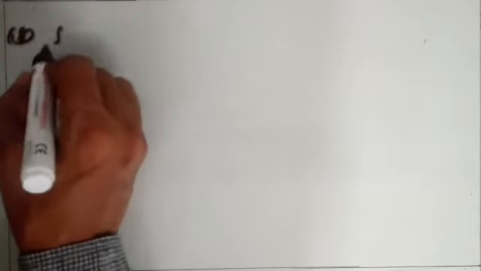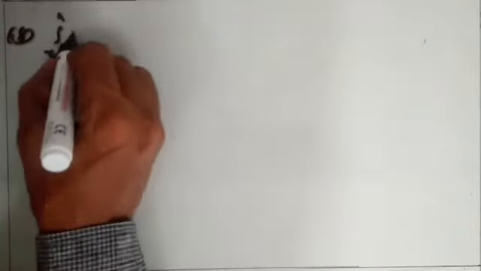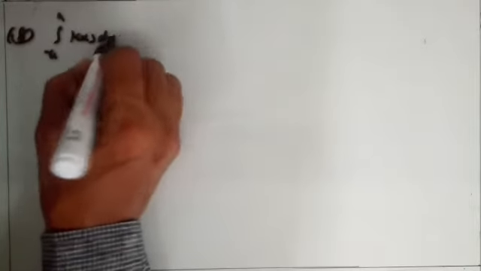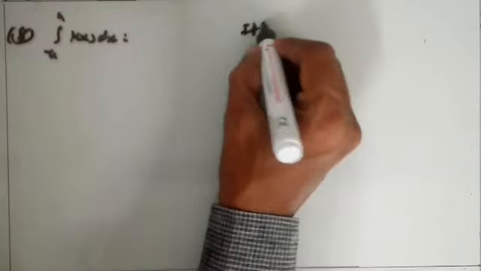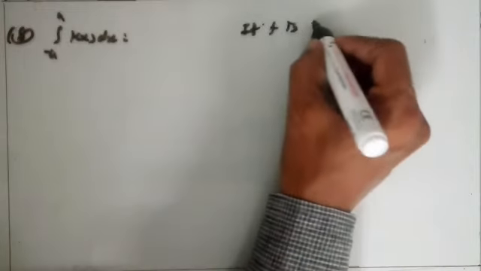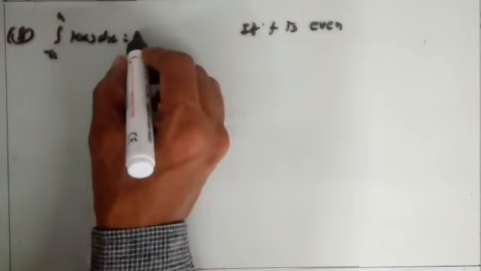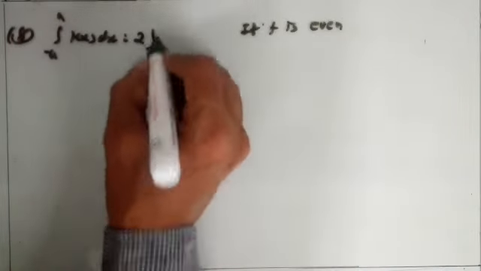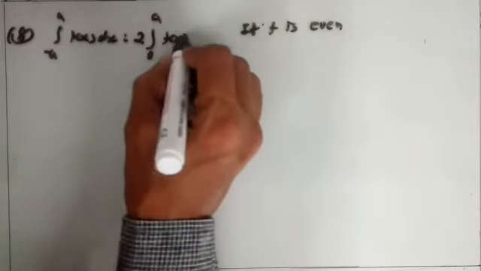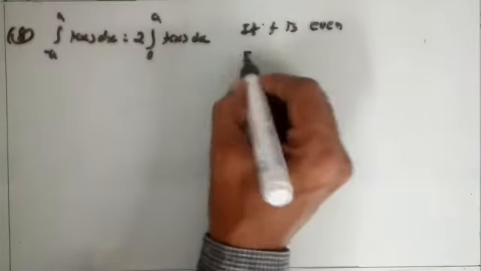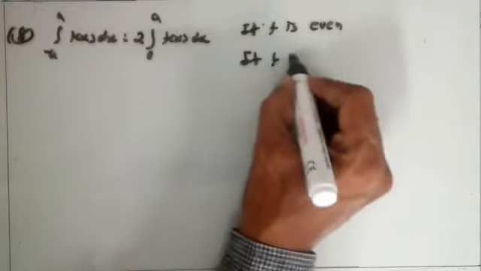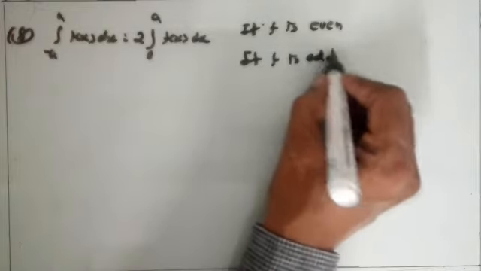Now property 8, minus a to a f(x) dx is equal to, if f is even, then this becomes 2 times 0 to a f(x) dx, and if f is odd, then it becomes 0.